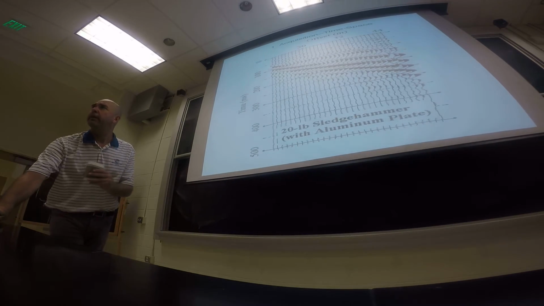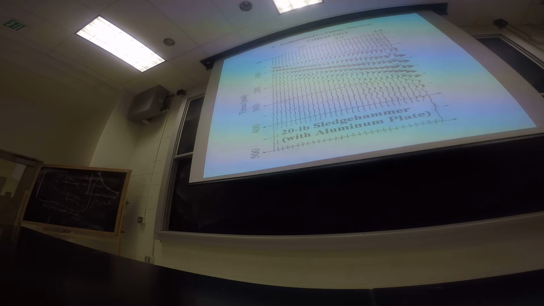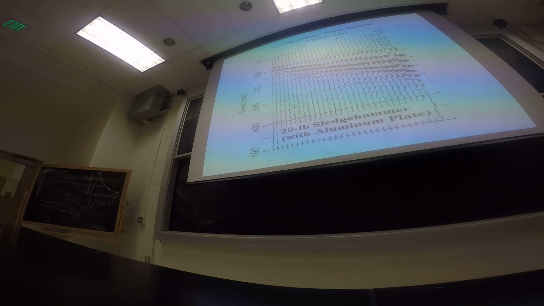So the Rayleigh wave is spreading out in time. That makes sense because of dispersion. There are components of that wave traveling at 400 meters per second and components traveling at 600 meters per second. So this dispersive wave spreads out in time as we go from the shorter offsets to the longer offsets. Does that make sense to everybody? Okay.